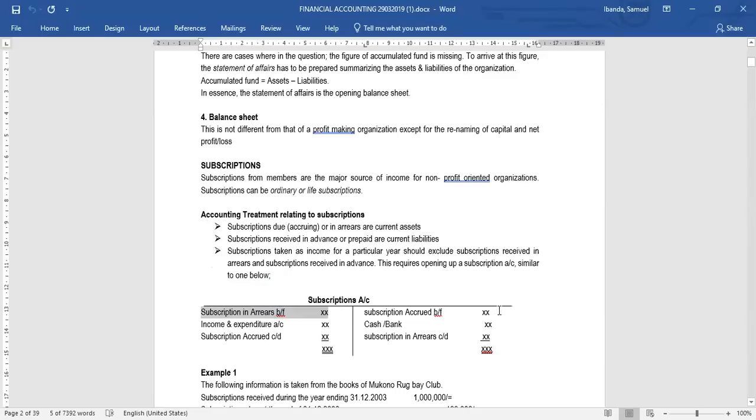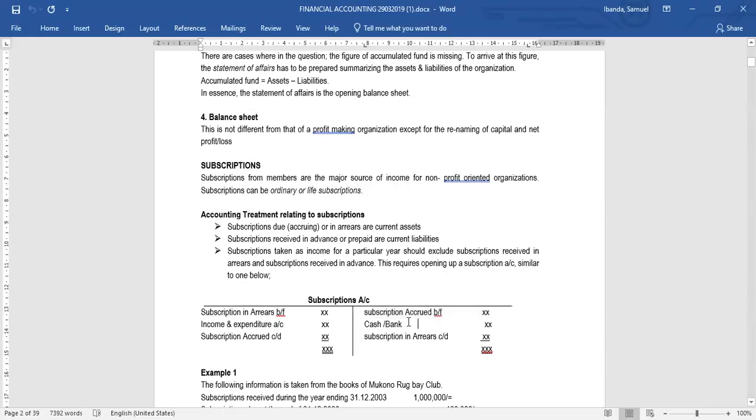And if we have cases, for example, of any subscriptions accrued, which are liabilities, they are recorded in the subscription account on the credit side, because liabilities have a normal credit balance, okay?